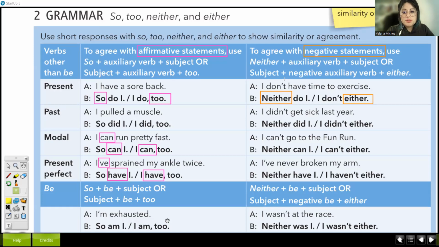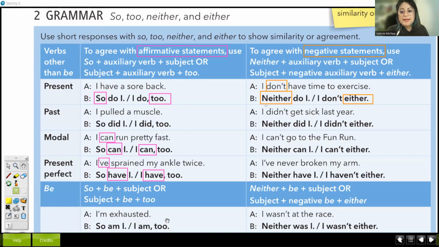So what is the difference between these ones and these ones? These ones are affirmative and these ones are negative, as you can see here. You are going to use neither when you don't use the negative, and when you do use the negative, use either. Two options again.